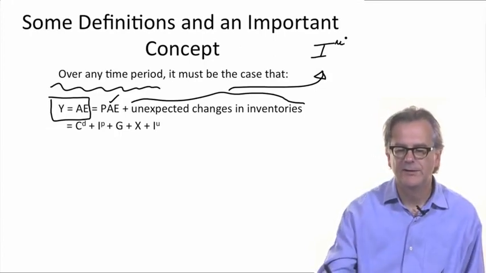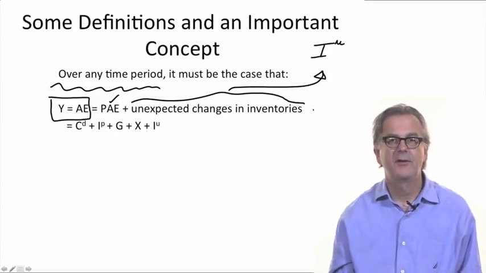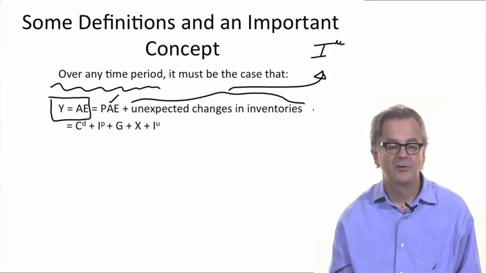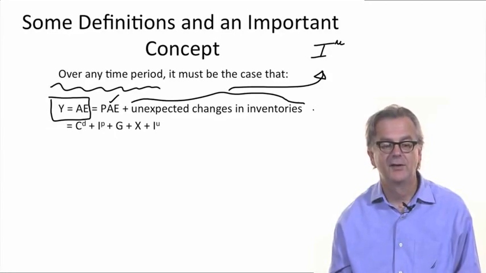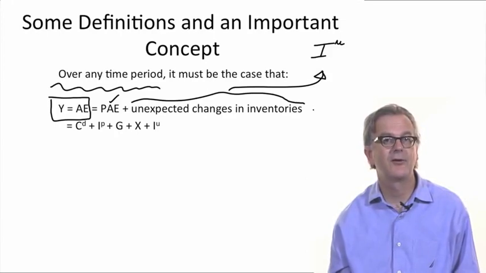So to repeat, what we're saying in this line here is that from the very nature of gross domestic product, it must be the case that over a particular time period, the flow of GDP corresponds to the flow of aggregate expenditure. Aggregate expenditure itself can be divided into two components.